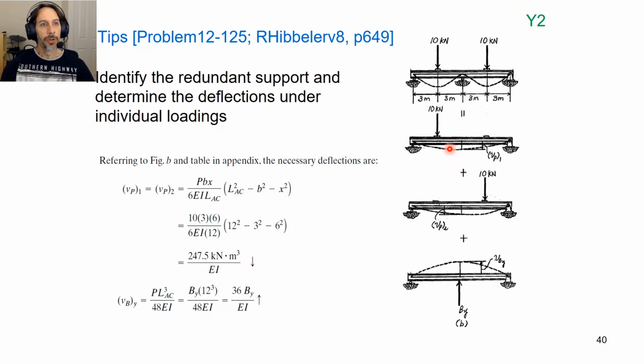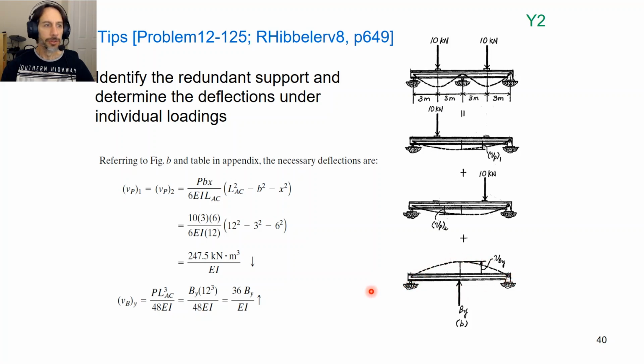And because the force here is the same as the force over here, and it's the same distance from the end and the center, then the deflection at the center here will be the same for the 10 kilonewton force on the right hand side. Okay, so that's why we've got this equality here.